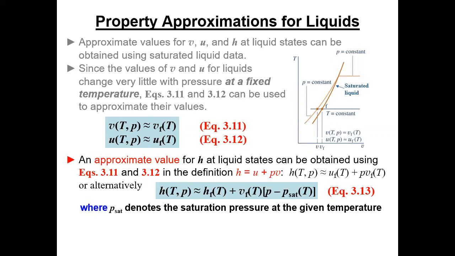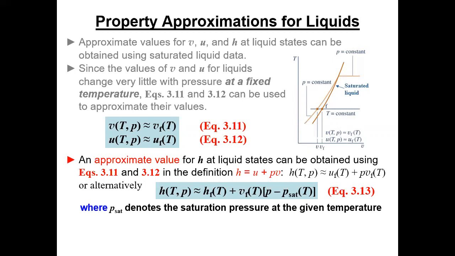Anyway, okay, so we've got equation 3.13. So enthalpy, a function of temperature and pressure, can be approximated. So that would be the enthalpy. The little f indicates that's saturated liquid at the temperature.